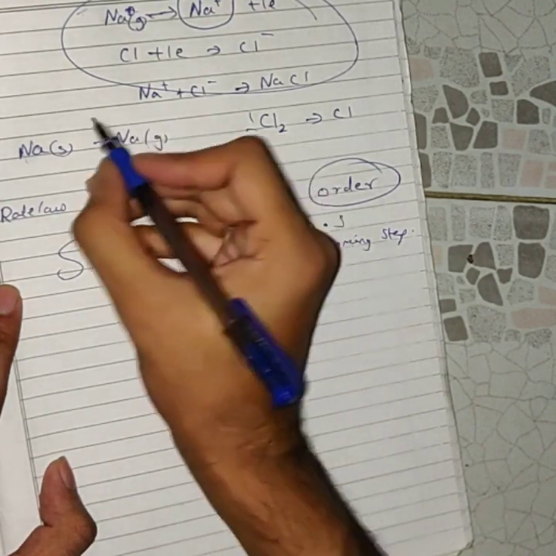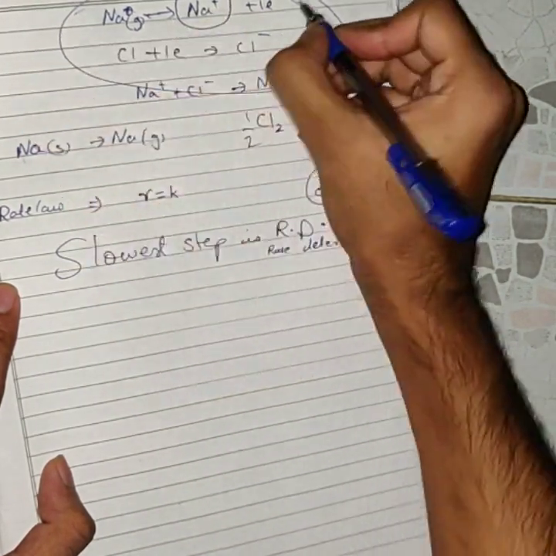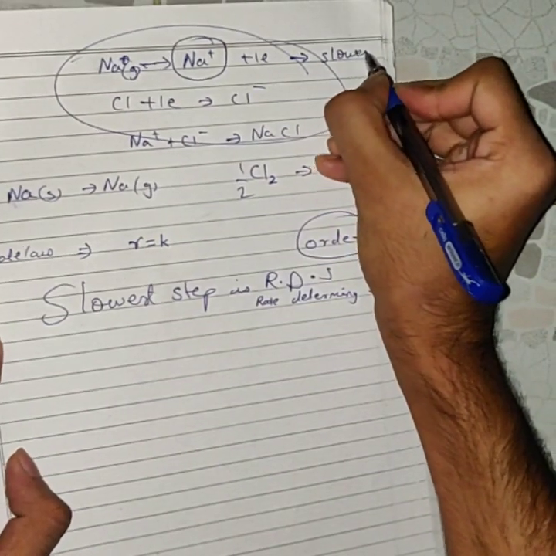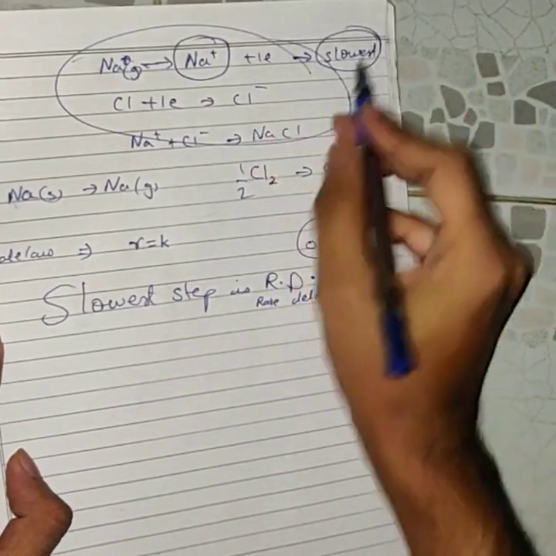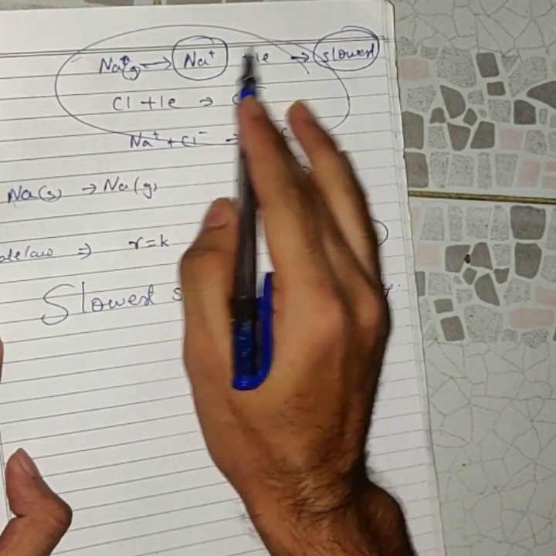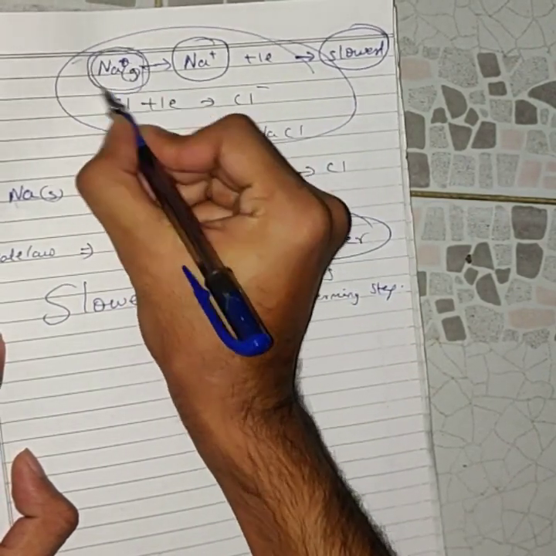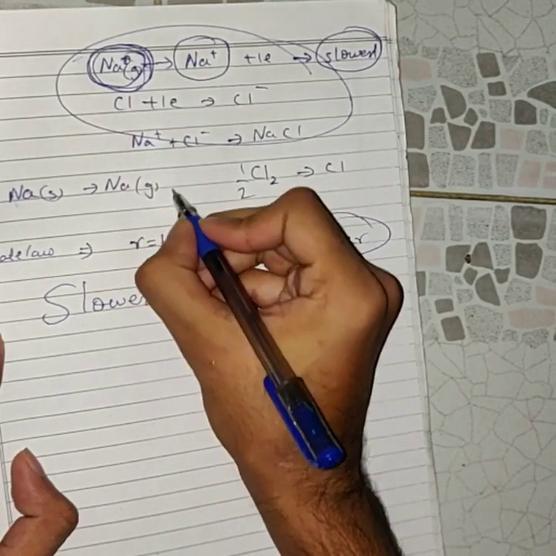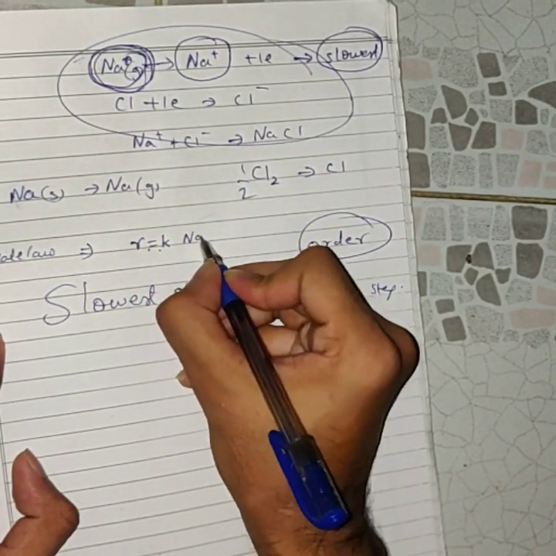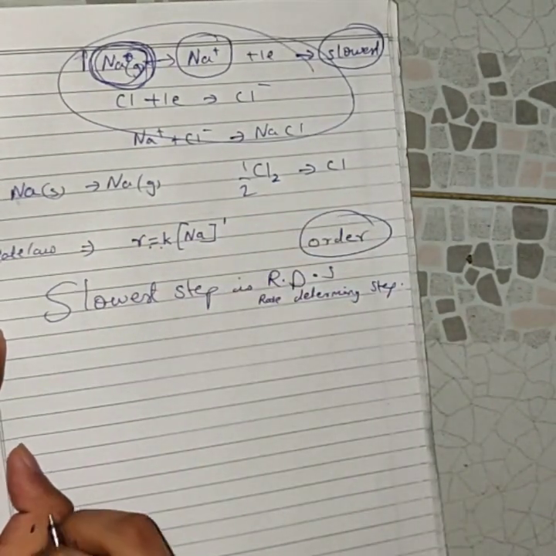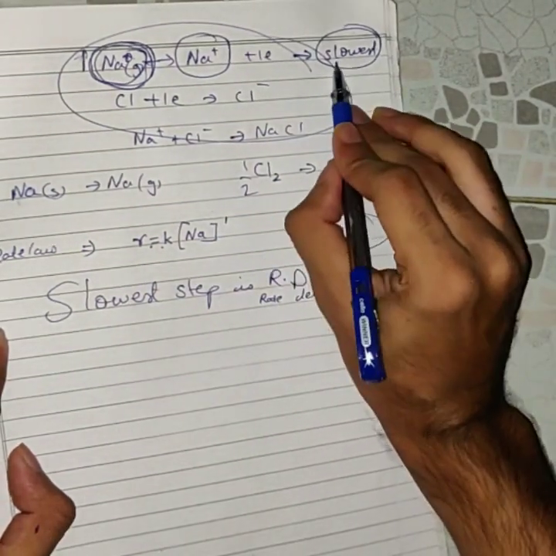For example, if I say the first step is the slowest step, then that means the slowest step is the rate determining step. So whatever is the reactant of the slowest step comes here. R is equal to K Na raised to how many reactants, 1, then 1, the slowest step.